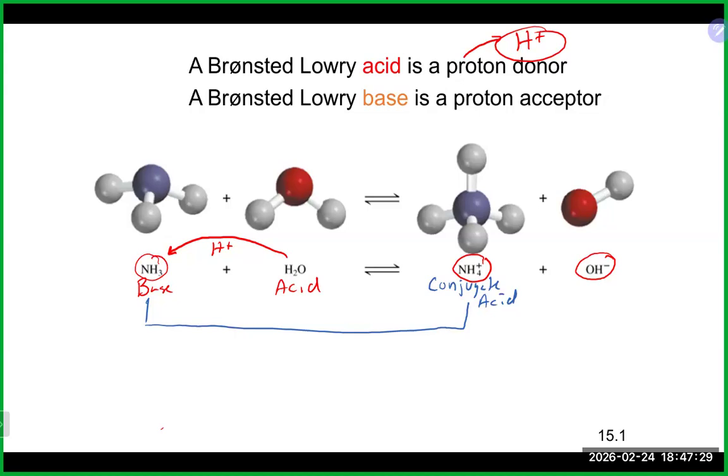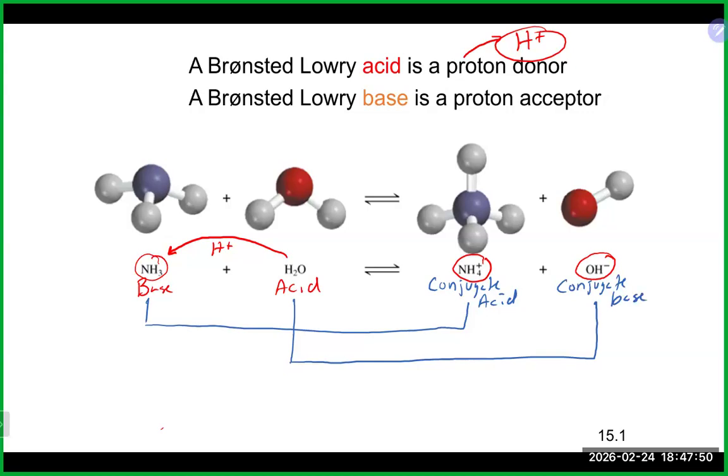So the base on the left-hand side is related to what is known as the conjugate acid on the right-hand side. And our acid on the left-hand side is related to this guy over here on the right-hand side, and that is what is known as the conjugate base.